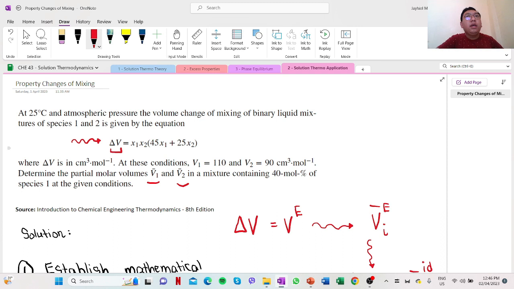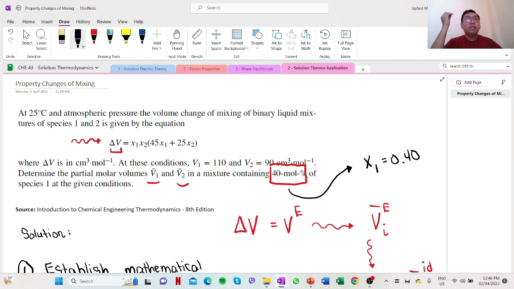Now, we will not make general expressions. Take note that we are not required to look for the general expressions of the partial molar V1 and partial molar V2. So I think it would be practical to just obtain the values right away given x1 equal to 0.40, because according to the problem, what is the partial molar volume of species 1 and of species 2 in a mixture containing 40 mole percent of species 1 at the given conditions.